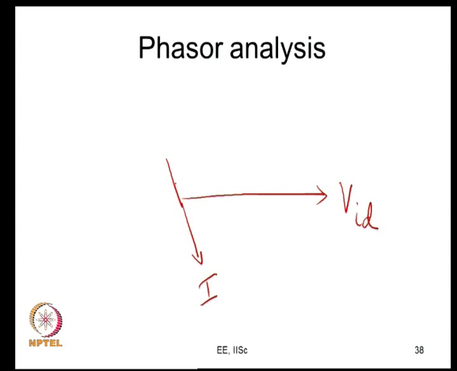This is the error voltage, and your actual voltage is this error voltage added to that. So, the dead time changes your ideal voltage like this.